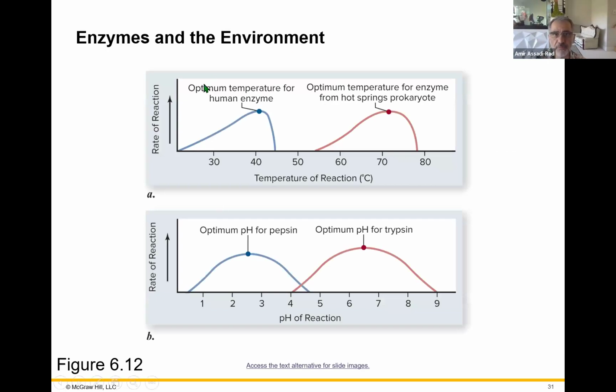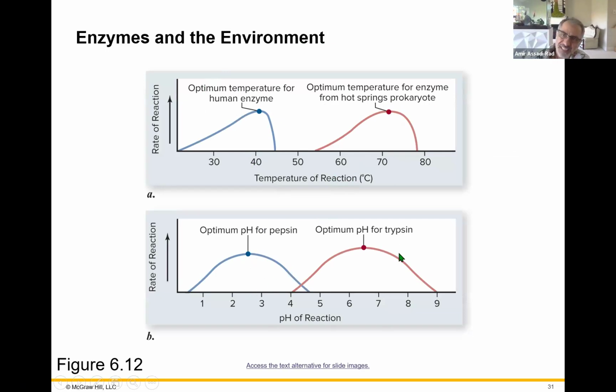Right here, the optimum temperature for human enzymes is 37, and 40 is the tipping point. The optimum temperature for enzymes from the hot springs prokaryotes is 70 Celsius. This is all Celsius. The optimum pH for pepsin, an enzyme in your stomach, is 2.5.